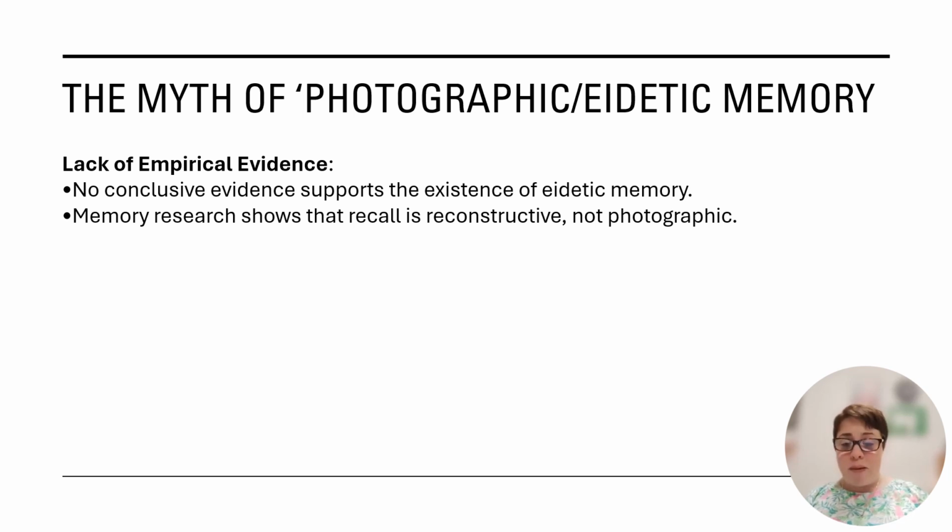Instead, memories are reconstructed from pieces of information and also can be influenced by numerous other factors, right? So we're not pulling a photograph from some sort of storage container in our brain, but rather we're reconstructing events as we believe they have occurred.